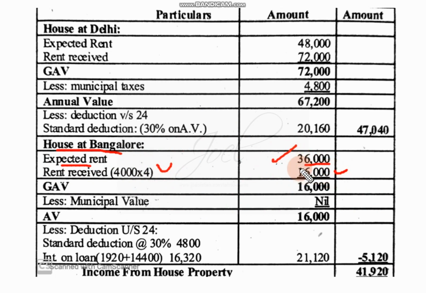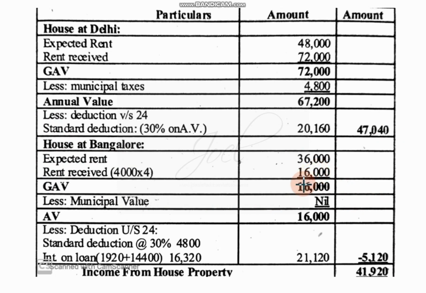When you compare these two, see here, this is a little important thing. 36,000 will come as the highest amount, but we are not considering 36,000 as the highest amount because the house was let out for only 4 months.